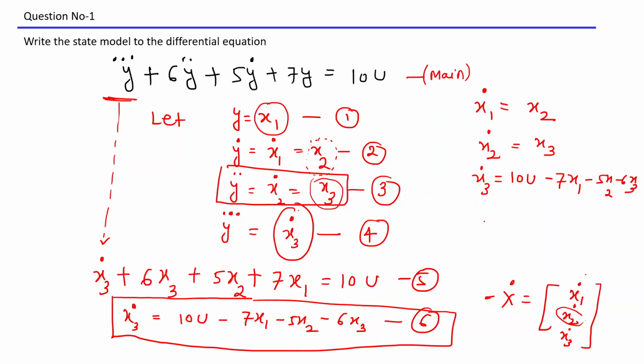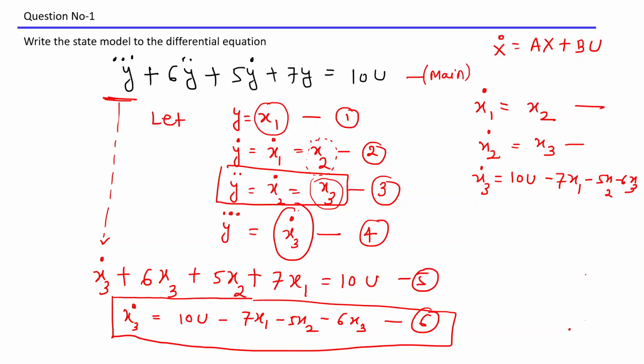Okay, now you find out the coefficients. So what are the coefficients? Now you have already represented the system in this format, x star equal to Ax plus Bu. Okay, so here in the first equation there is no u term, so the u term is 0. In the second, the u expression is also 0, but in the third u is there.